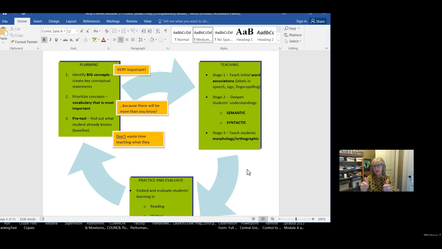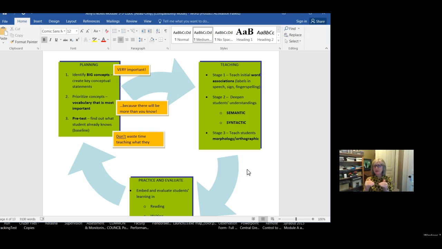That's that quick, fast mapping that you read about before. The second stage, remember, is deepening, really understanding meaning. So the semantic, and where does that word fit in a sentence? What part of speech maybe is it? And what kind of sentences can you write or read or understand that use the word?